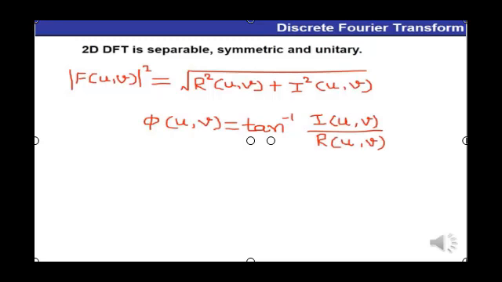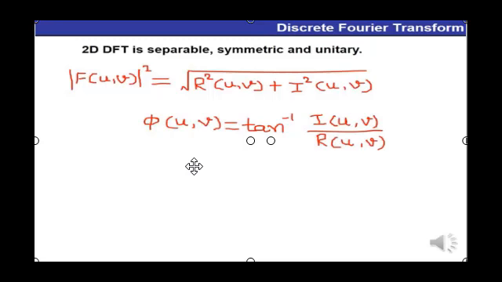Now how to get its Fourier spectrum. We have seen that the Fourier spectrum modulus F of u comma v squared is equal to R of u square plus I of u comma v square.